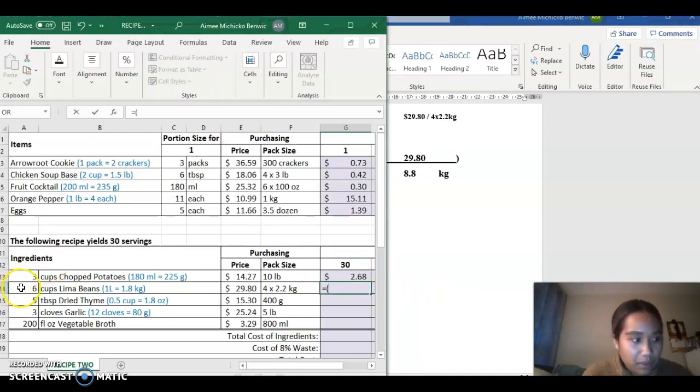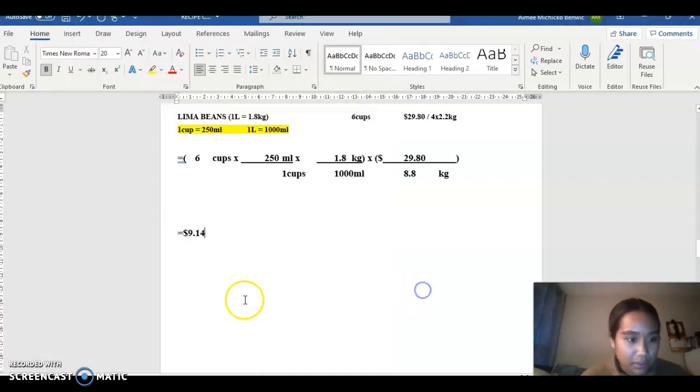So 6 cups multiplied by 250 ml multiplied by 1.8 kilograms divided by 1000 ml close bracket, and then the price of $29.80 divided by 8.8 kilograms, and that gives us $9.14 as well.